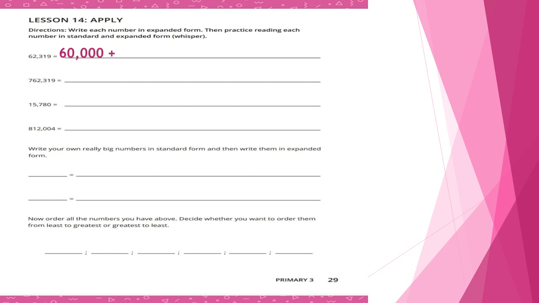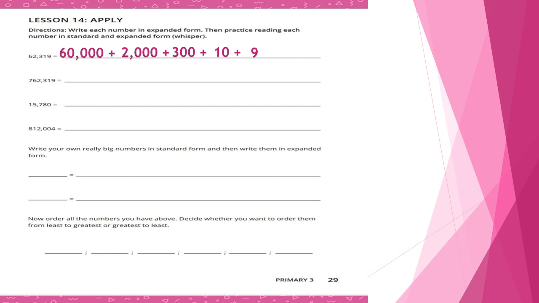We write 60 and put 3 zeros, plus 2 in thousand family. So we write 2 and put 3 zeros, plus 3 in hundreds. So we write 3 and put 2 zeros. 1 in tens, we write 1 and put 1 zero, plus 9, the number in the ones. We will not put any zeros to the number in the ones. Then 62,319 equals 60,000 plus 2,000 plus 300 plus 10 plus 9.